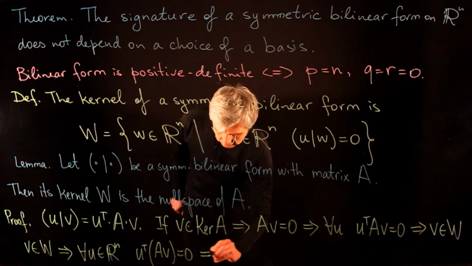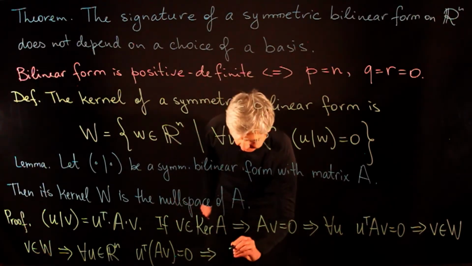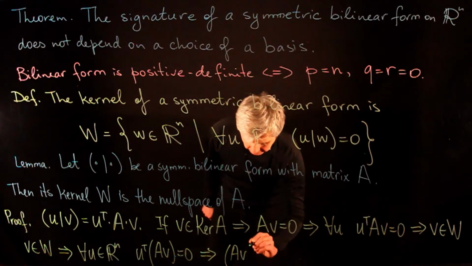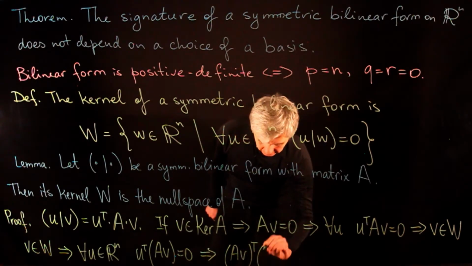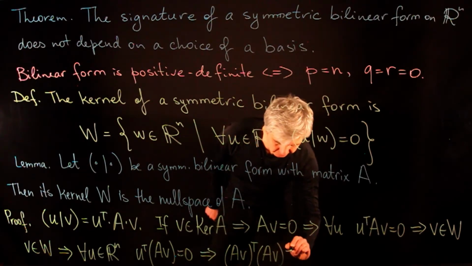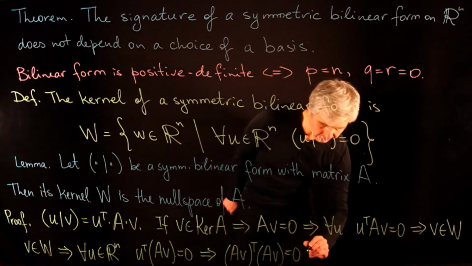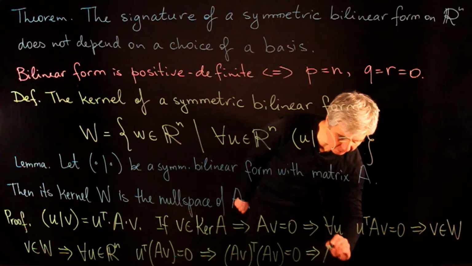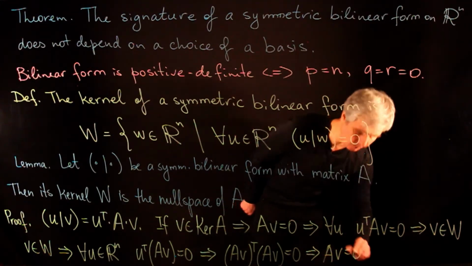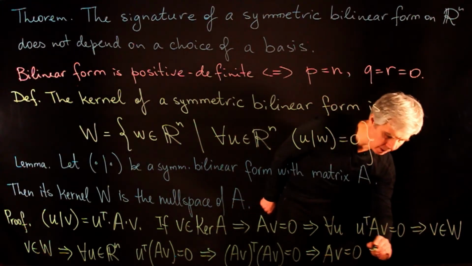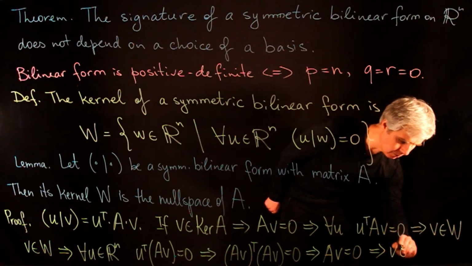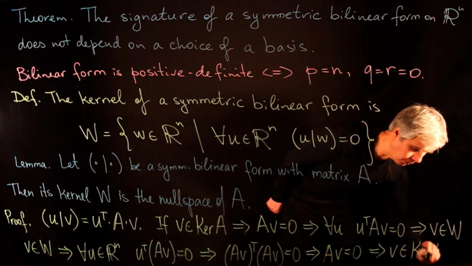In particular, this means that AV transpose with AV is equal to 0. But for real vectors, this happens only when the vector itself is 0. So AV is equal to 0, which implies that V belongs to the null space of A.